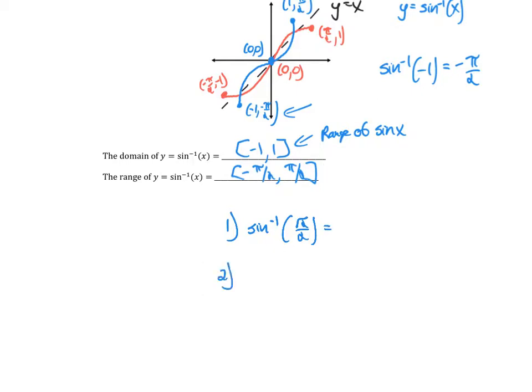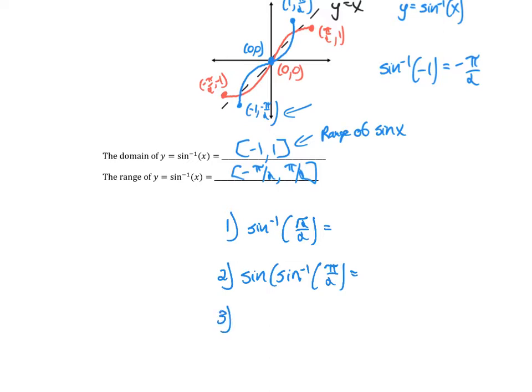And then for the second one, actually I'm going to give you 3. Sine of inverse sine of pi over 2.